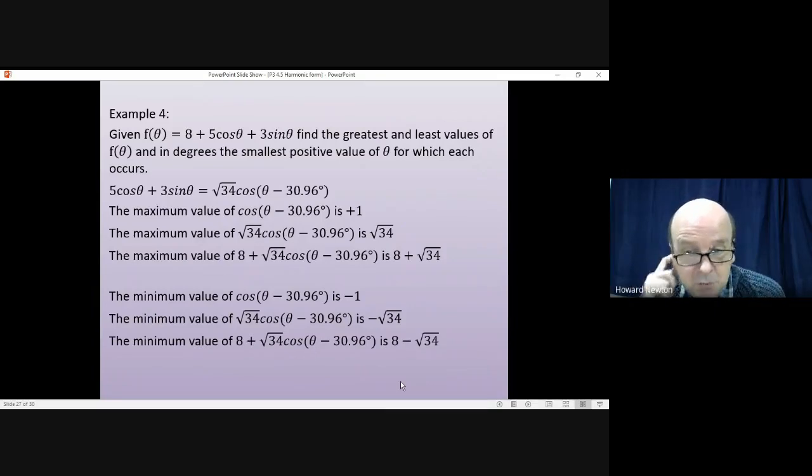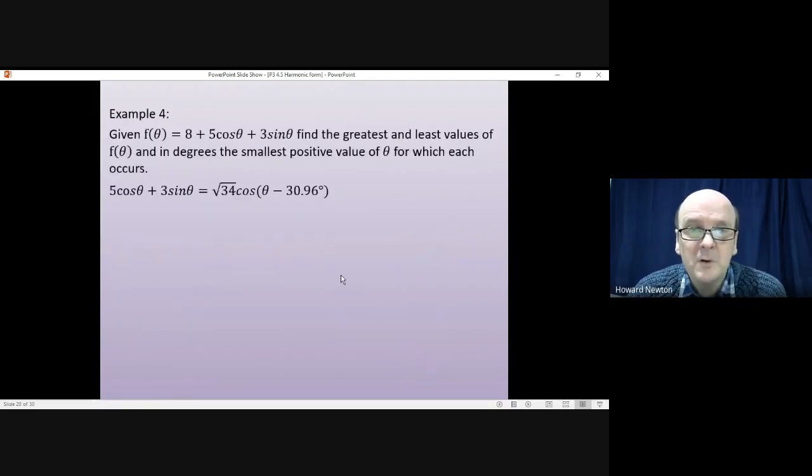So minus root 34 plus 8, or 8 take away root 34. But that's the answer to the first thing they've asked us, the greatest and least value of f of theta. The maximum value of the function is 8 plus root 34, and the minimum value of the function is 8 minus root 34.